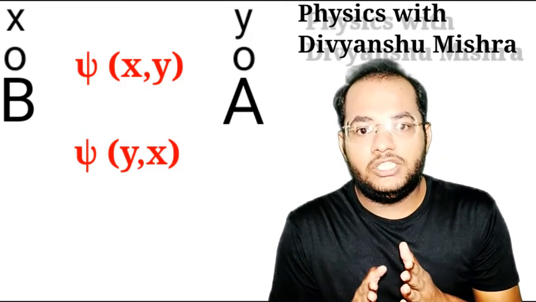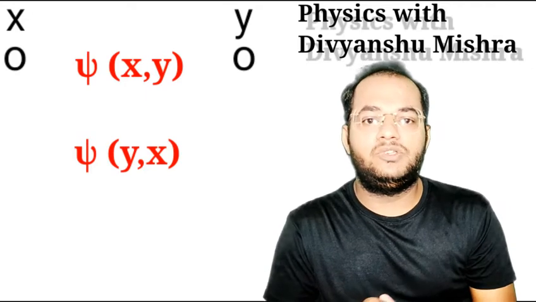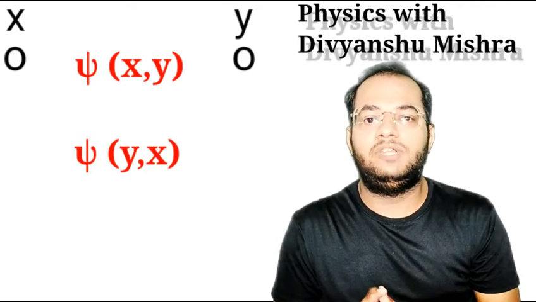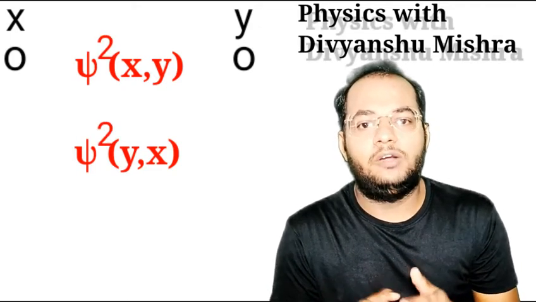With these two wave functions, we can find the probability distribution for both conditions, and the corresponding probability distributions will be psi squared (x, y) and psi squared (y, x).